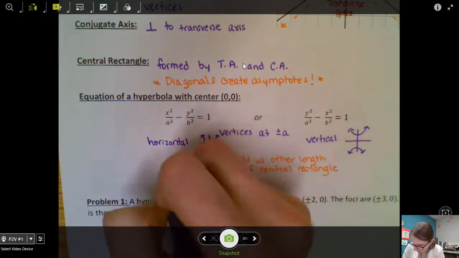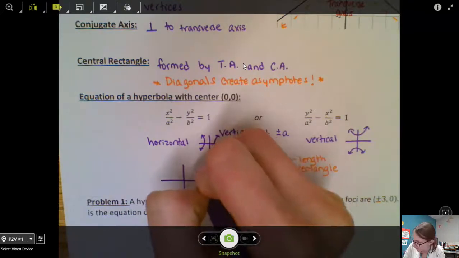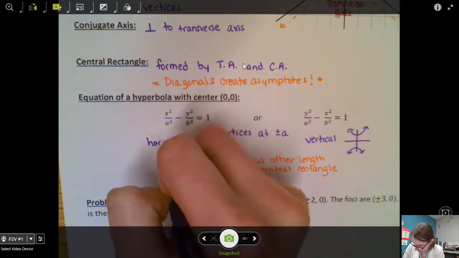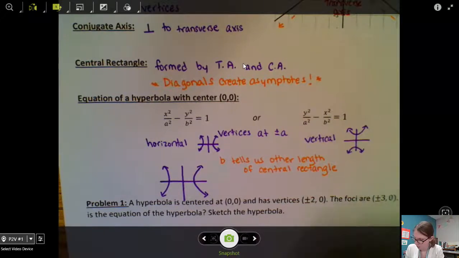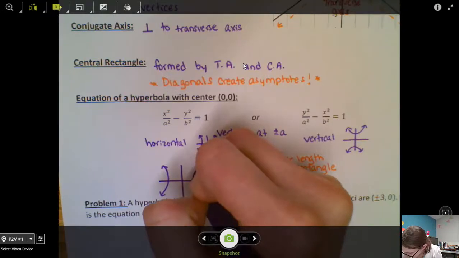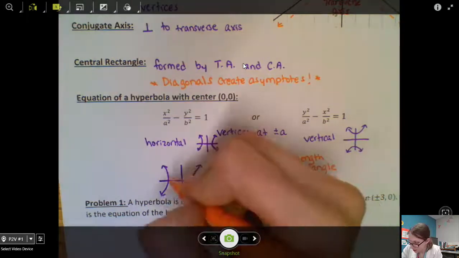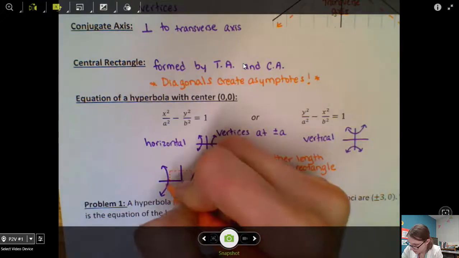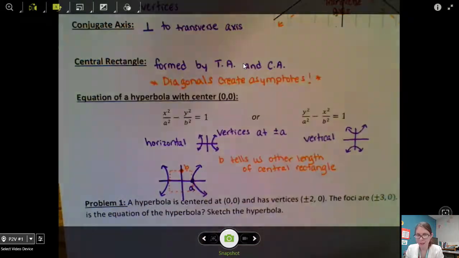So if I draw a quick little sketch here of what our hyperbola might look like, let's imagine I have a horizontal hyperbola. Okay, A again is going to tell us where our vertices are. So our vertex happens at A. B tells us this other dimension of our central rectangle. So B is up here.